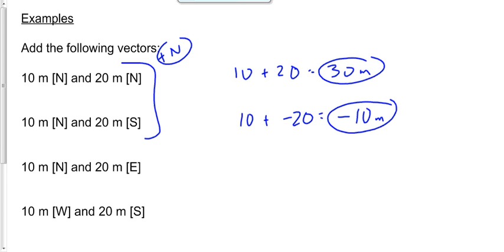So negative 10 meters or 10 meters to the south. Nothing new there, right? We don't need to draw the vector diagram because it's not in 2 dimensions. But as soon as we introduce the third question, where we have 10 meters to the north and 20 meters to the east, all of a sudden, it becomes one of these newfangled questions where up until today, we didn't know how to add those together.